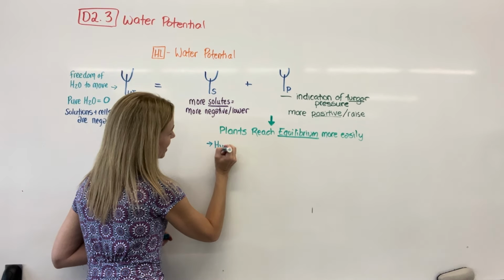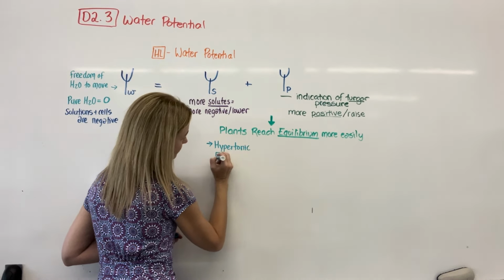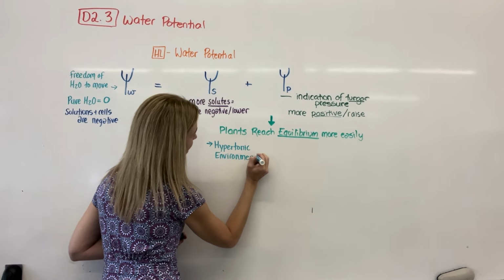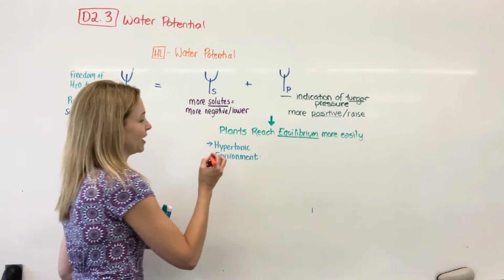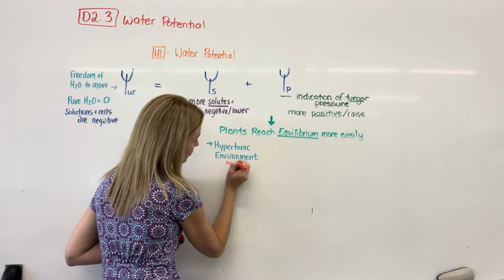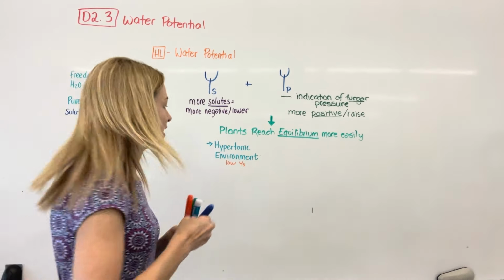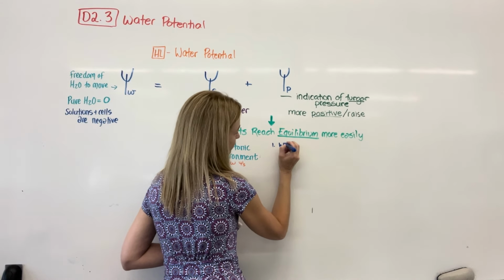So if it is in a hypertonic environment, then we're going to recall that that hypertonic environment has low water potential. And so what's going to happen in that hypertonic environment is water is going to exit the cell.